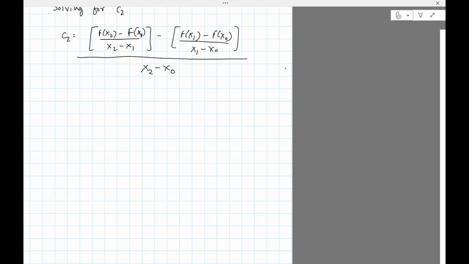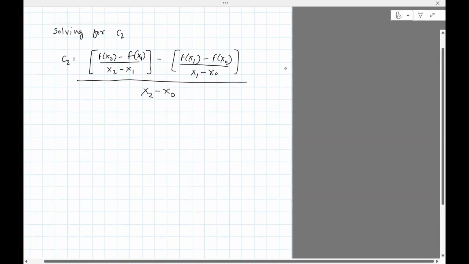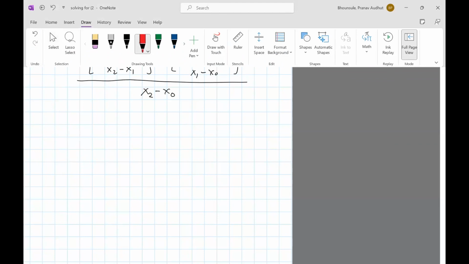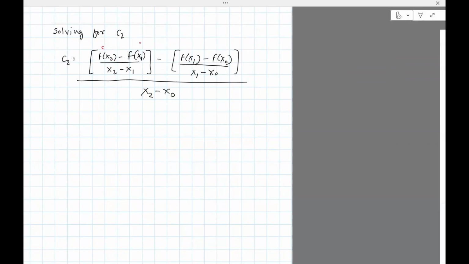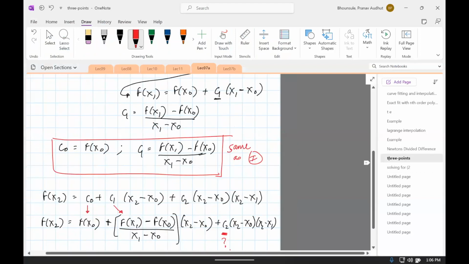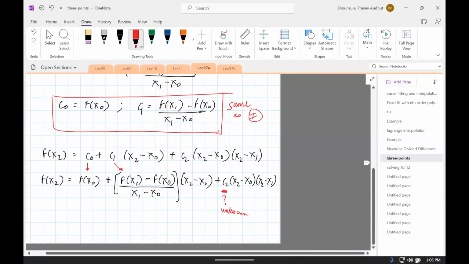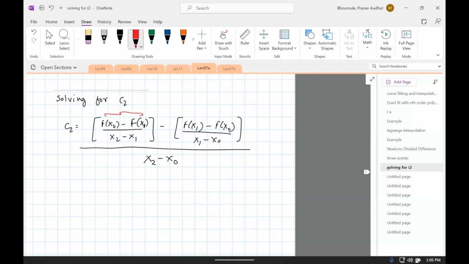Okay, now here's the thing. This part of the formula looks similar to the one here, the slope. Right? It's basically the difference between the y coordinate divided by the difference on the x coordinate. So what we'll do is we'll create our own notation for the slope.